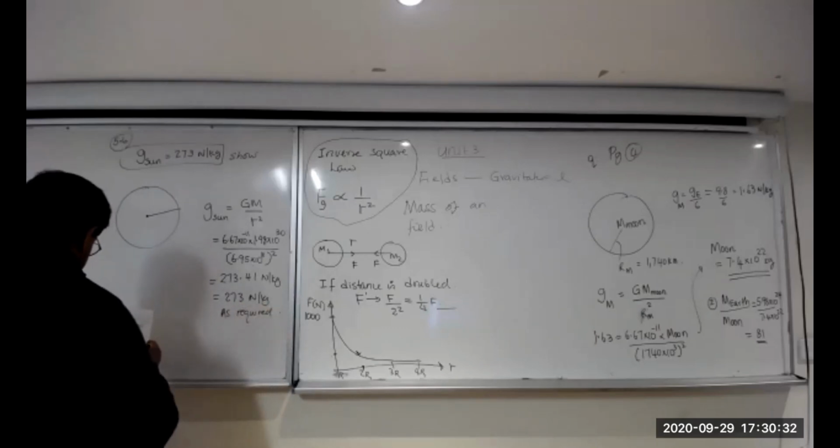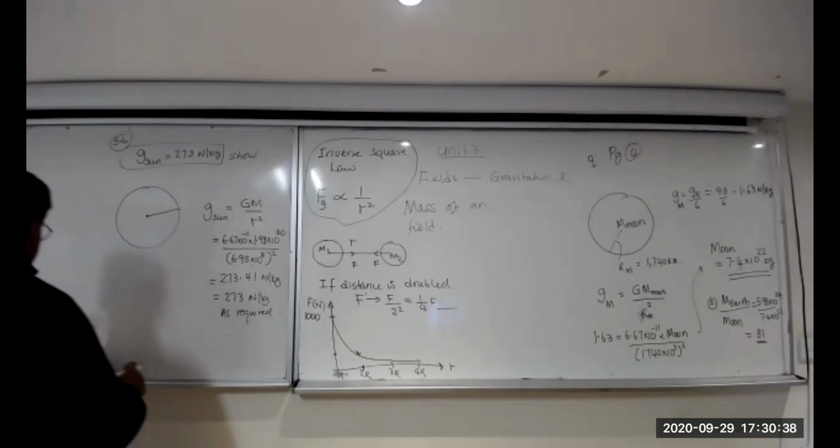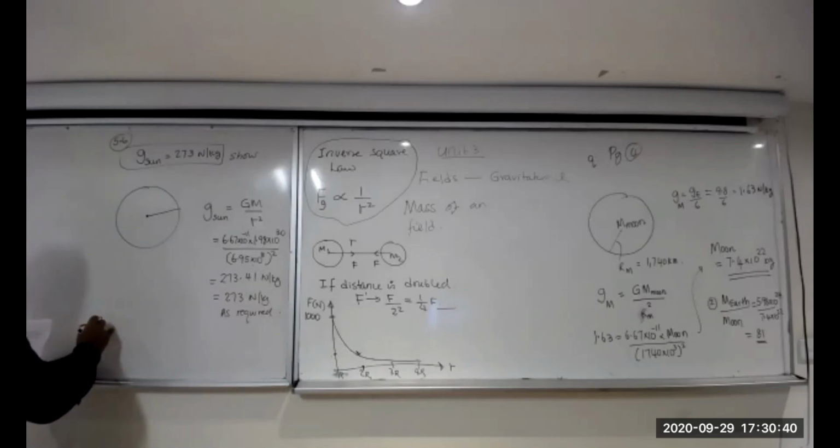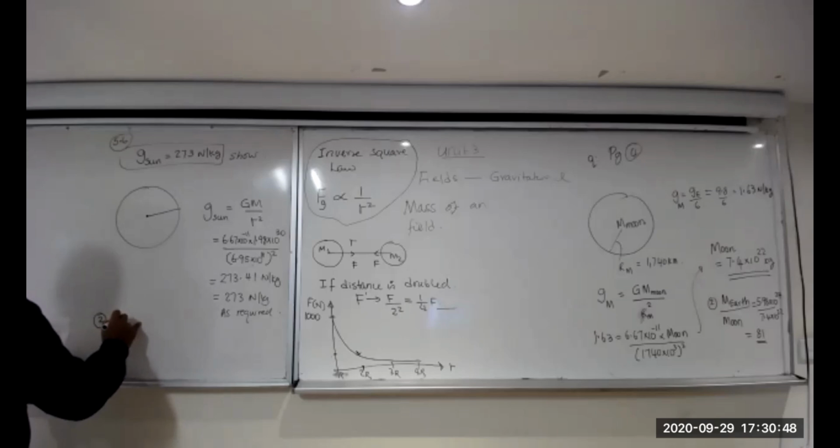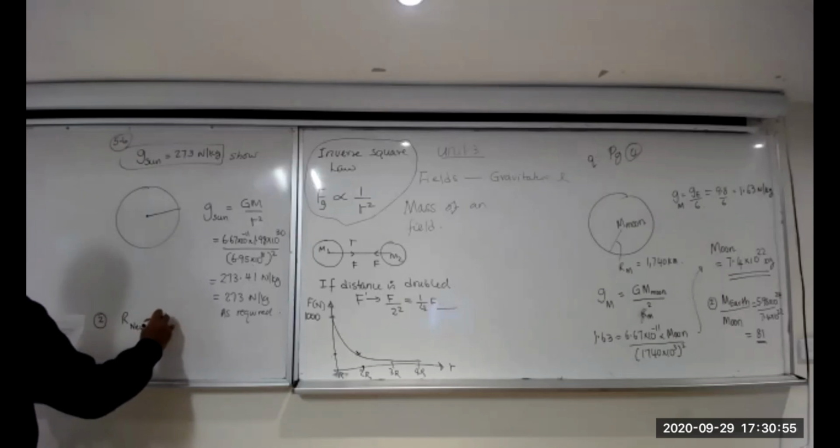The next part, now they're saying that the radius is 400 times smaller. The new radius would be 1/400 of the original radius of the sun.